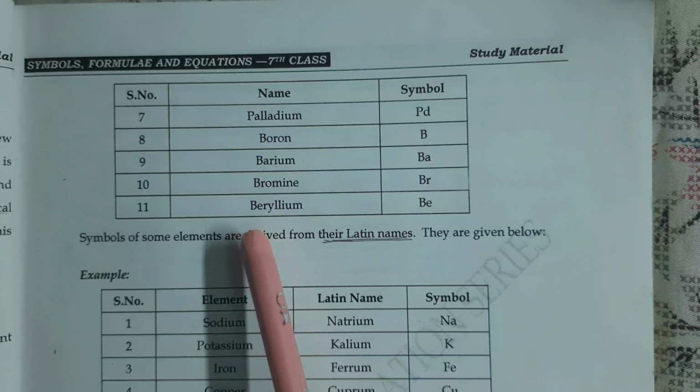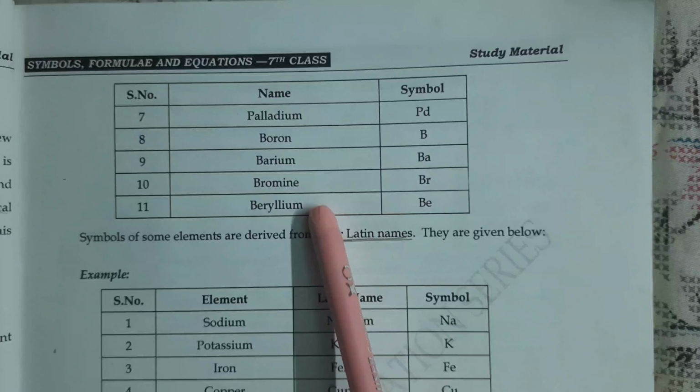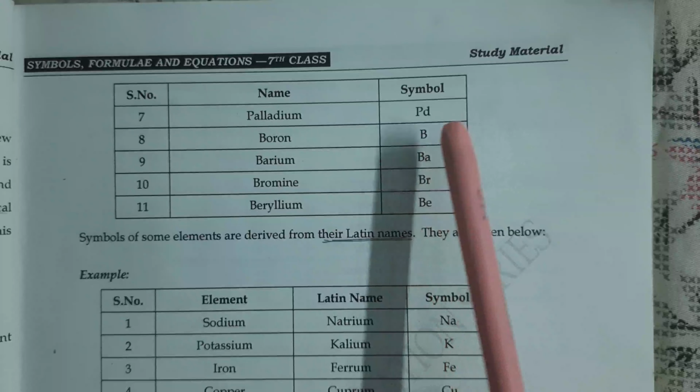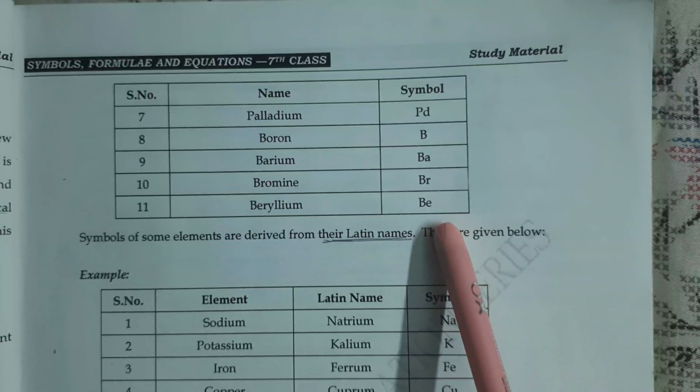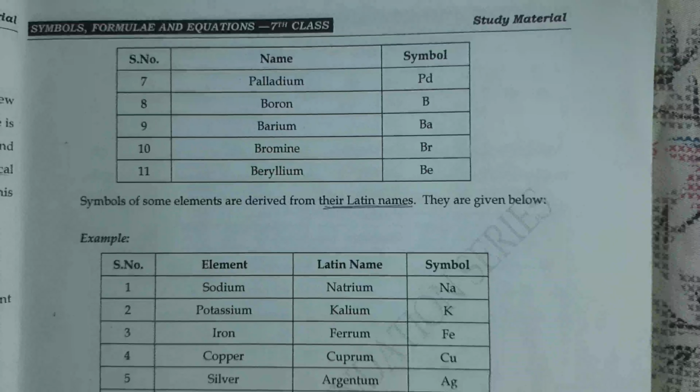Beryllium, Be, also the second letter. This is the representation of elements. Elements are represented with a short-notation symbol. You should learn those elements. Now some elements with Latin words, which are starting letter.